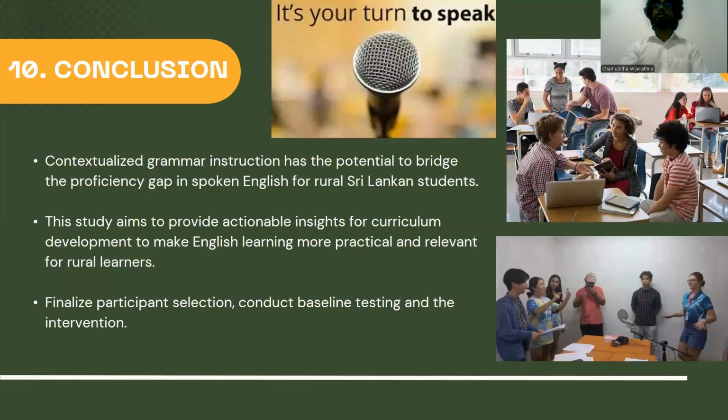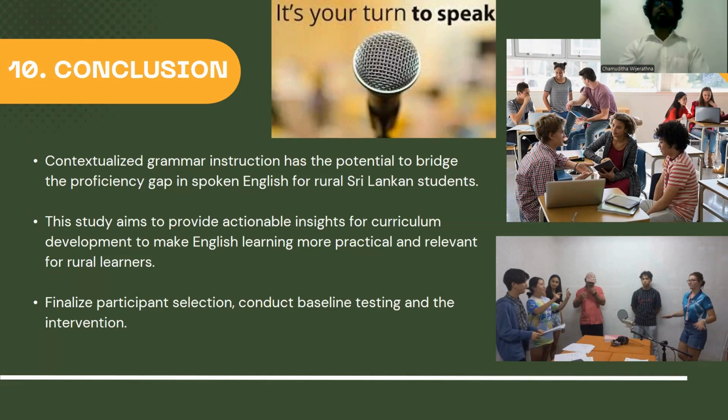So this is the conclusion. Right, so in conclusion, contextualized grammar instruction has the potential to transform English education for rural Sri Lankan students, right? By aligning grammar learning with real-world scenarios, this method addresses the key barriers to spoken proficiency.